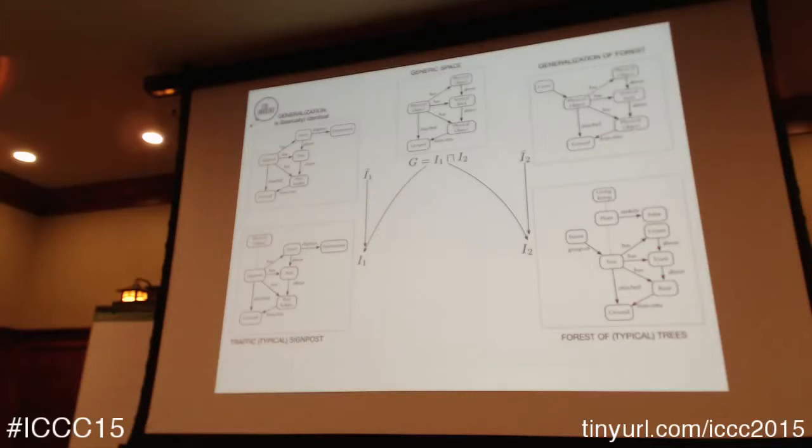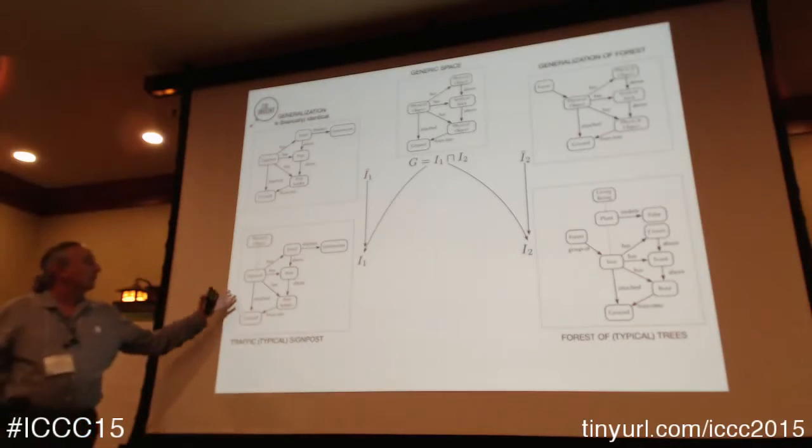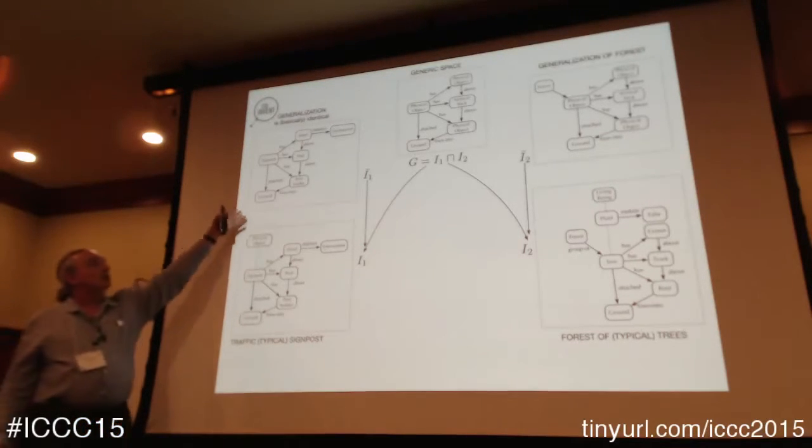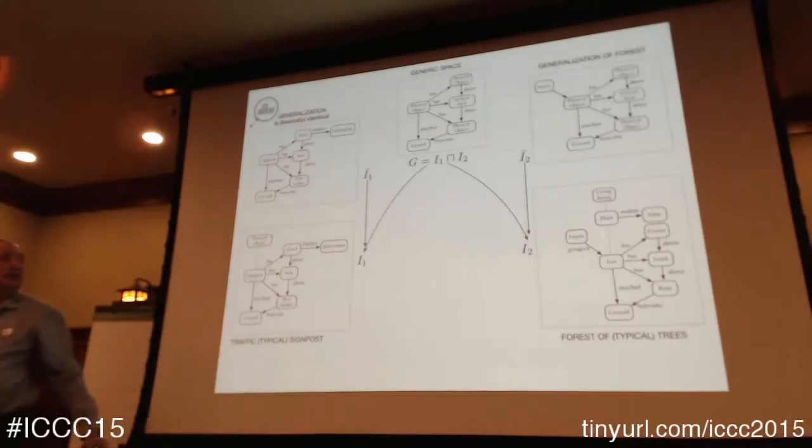So in this case, this will be the target because the signpost we don't need to generalize. In fact, it's the same. However, the generalization of the forest, it says that it's a forest and then it's a group of something that is very generic. It's in fact the generic space that we find there.